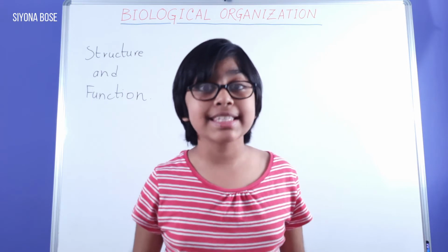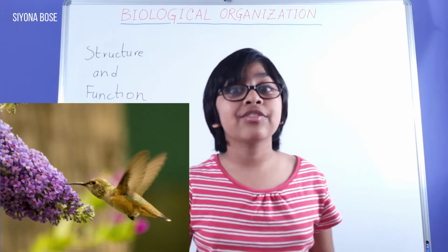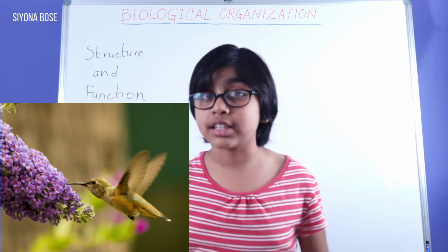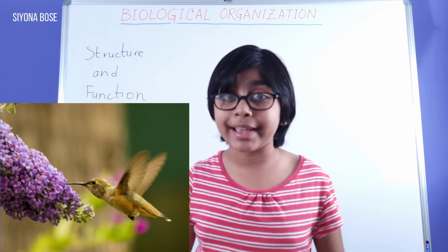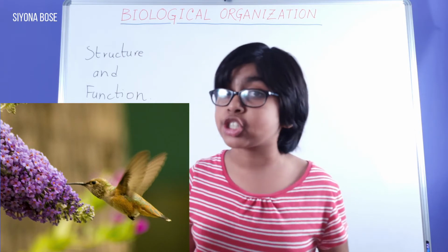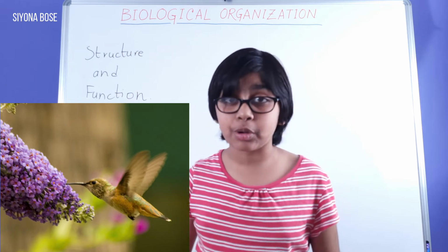Another example is the hummingbird. The hummingbird has a unique property. It can fly backwards and hover in place. The reason behind this is that the anatomy of the hummingbird is designed in such a way that the muscles of the wings can rotate over the shoulders, helping it to hover in place or fly backwards.